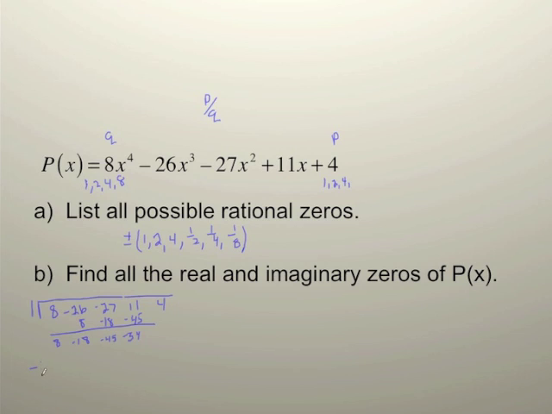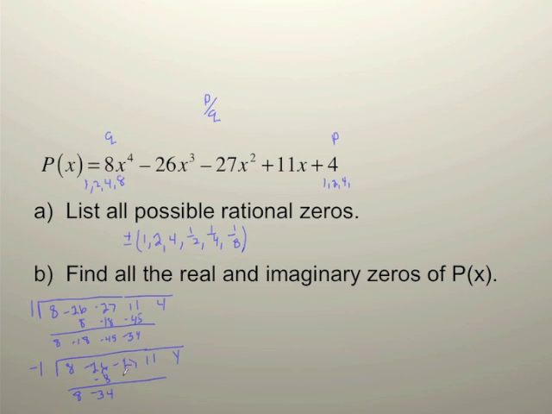So now I'm going to try negative 1. 8, negative 26, negative 27, 11, and 4. Bring down my 8. Negative 1 times 8, negative 8. It would be negative 34.